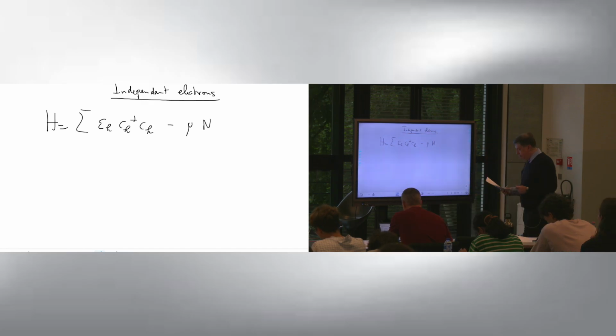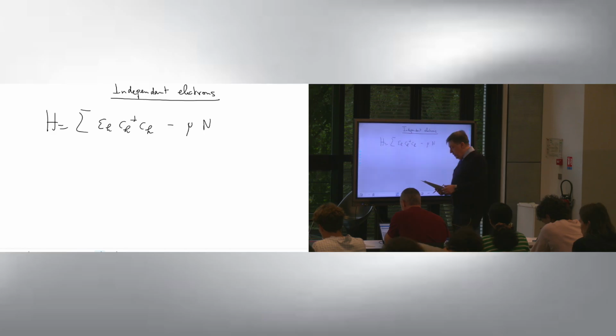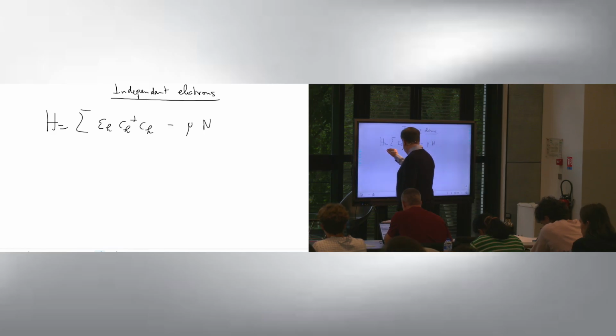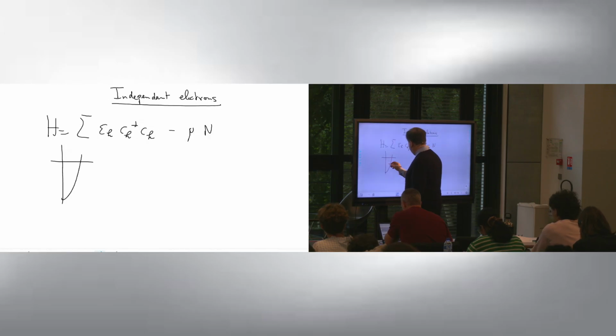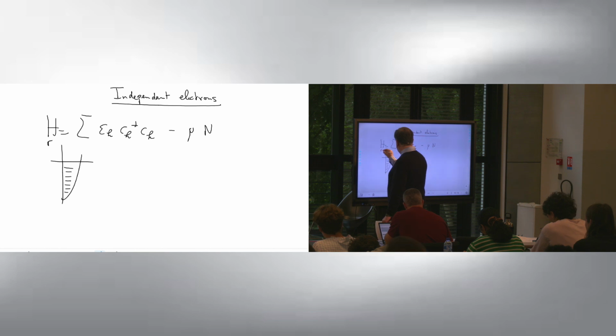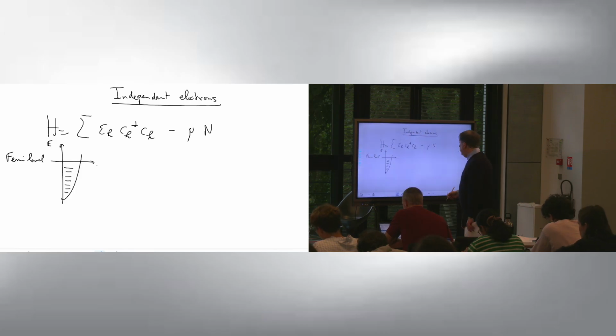Minus mu n. Here I put explicitly the mu because I will use it a little bit. So we are talking here about having a band energy which is filled up to the Fermi level, right?